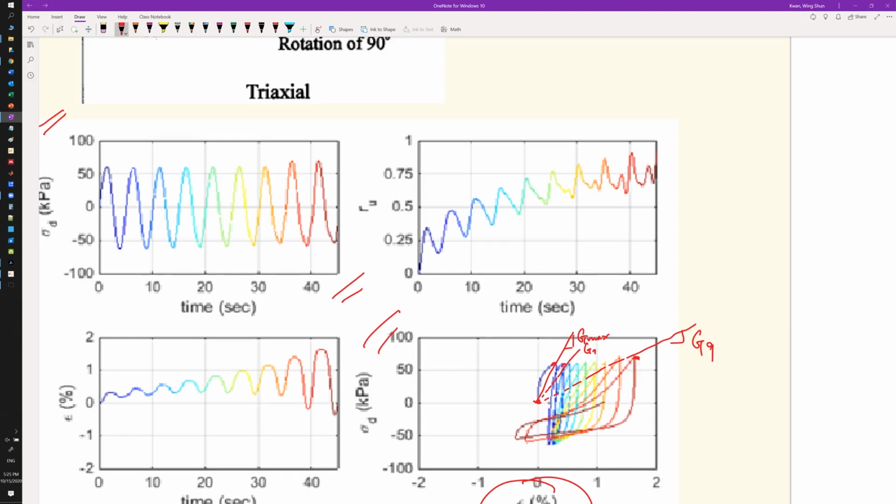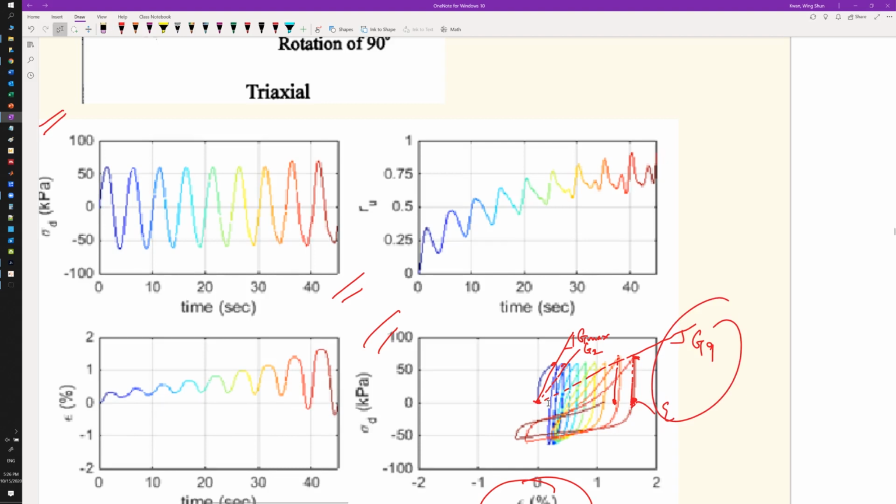So this may be the G second. The first one, G1, is G max, and each loop gives you a corresponding strain, and then you have a pair of data, and then you can establish the modulus reduction curve.